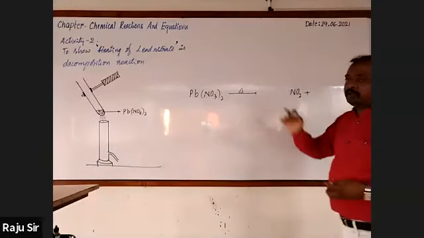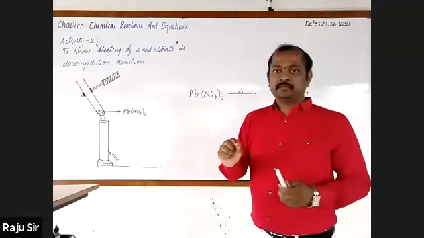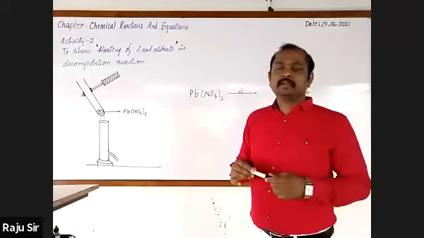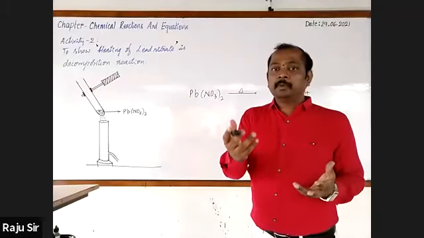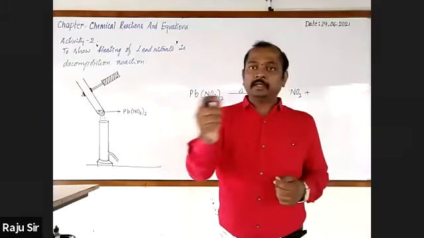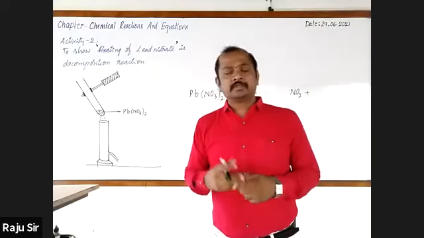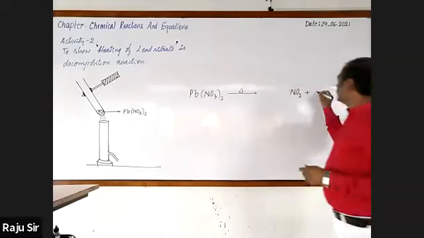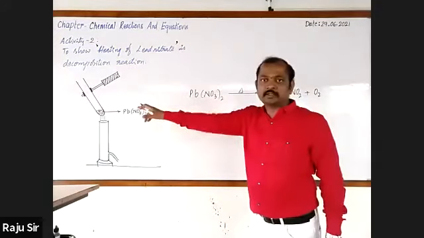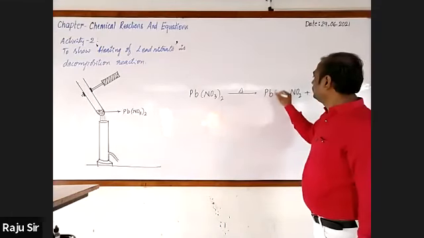Then, when you bring a lighted matchstick or burning incense stick near the mouth of the test tube, or place it inside the test tube, it glows brighter, which indicates oxygen gas is released. At last we get a yellow color residue, which is called lead oxide, PbO.